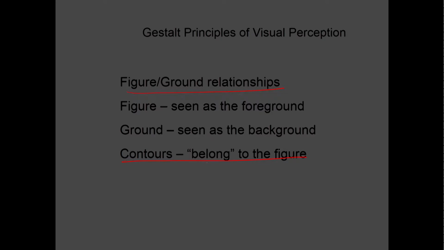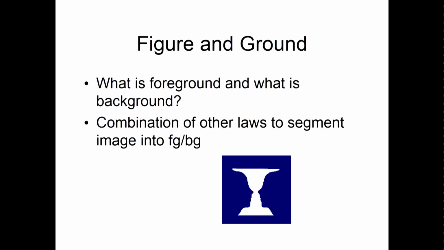The contours belong to the figure. For example, look at this example. What is a foreground, what is a background? Here the foreground is, let us say, the white, and the blue one is the background. The contour belongs to the foreground, right.